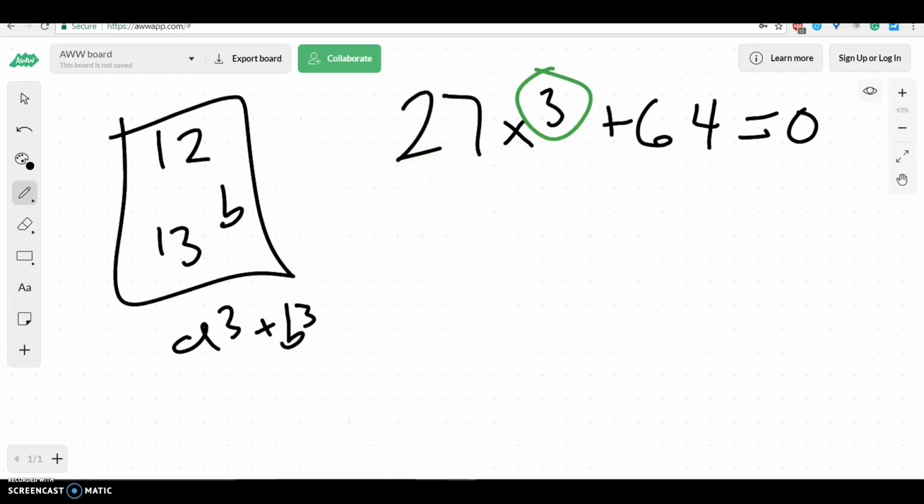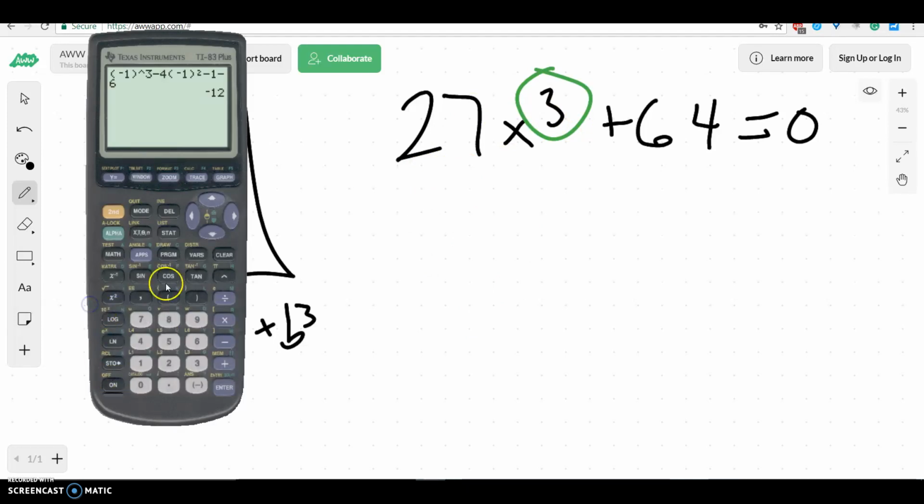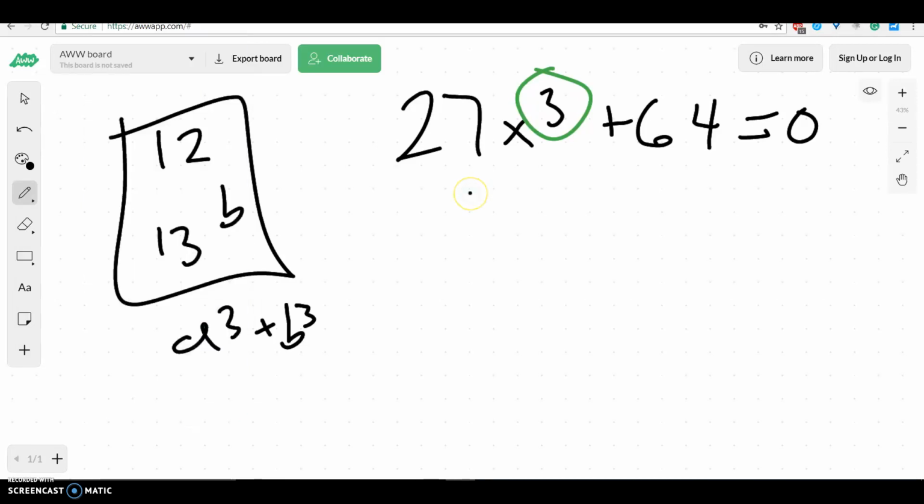If you take the cube root of 27, which on your calculator, take 27 and raise it to the 1/3 power, you would find that it's 3. So this thing really is 3x cubed, and this is really 4 cubed.